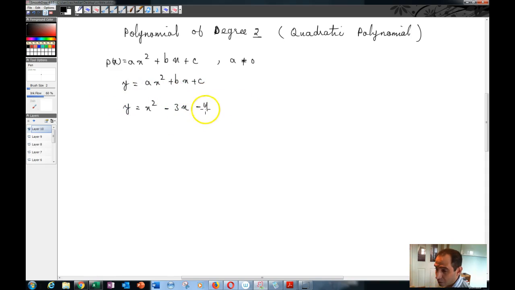And then in order to get some values for this polynomial, you could again do some simple table of values, x and y. If x is equal to 0, your output is negative 4. If x is equal to 1, your output is going to be equal to, I don't know.